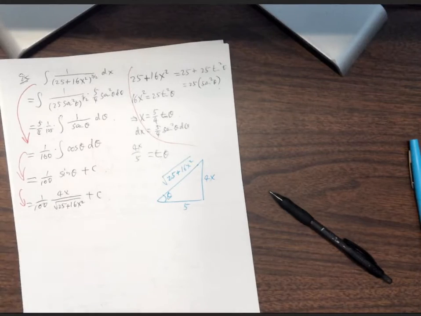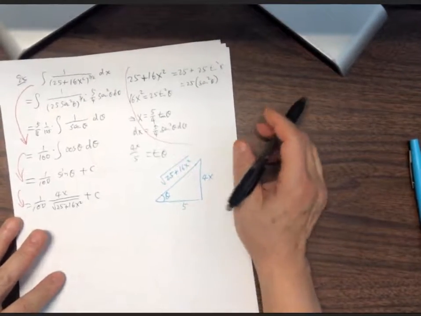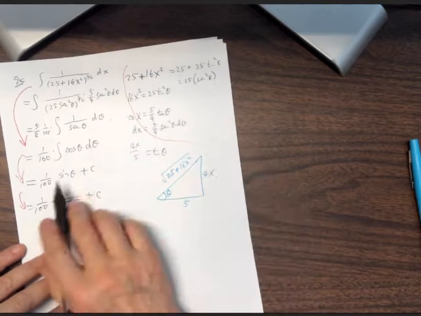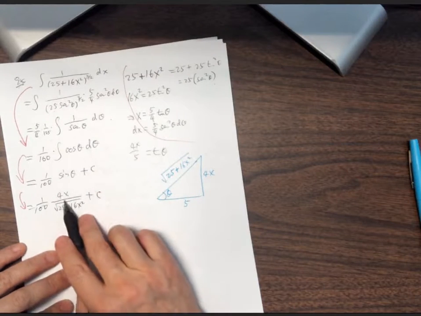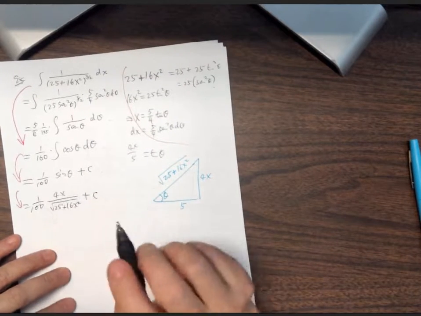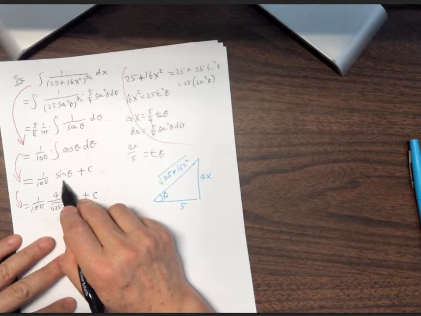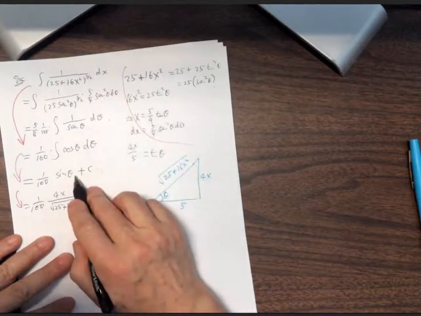Now, so far in these two examples, we've been able to use a triangle to turn an expression in theta into an expression in x. This works when it's trig, like sine theta, tangent theta, cosine theta.